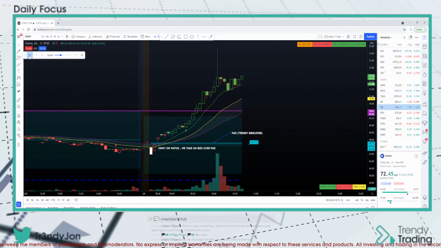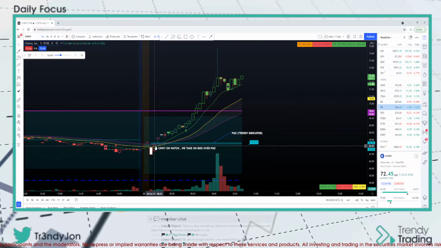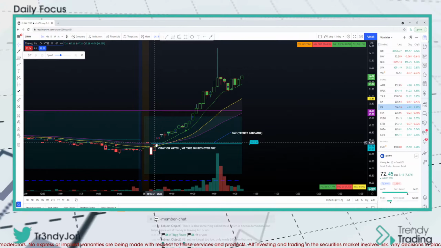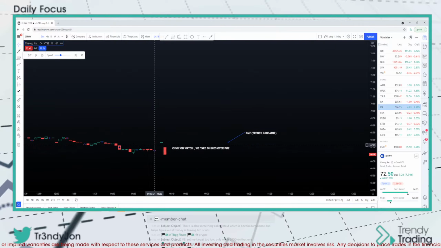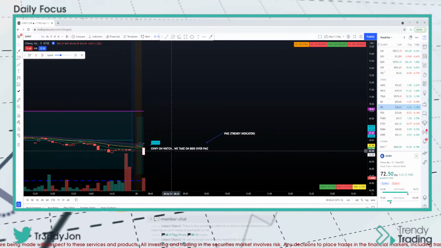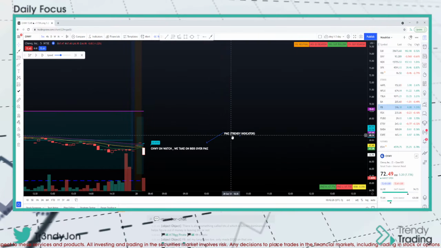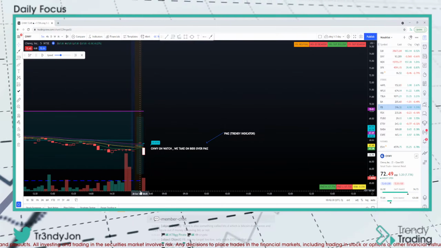All right, and then we're going to place these about right in here. Just like that. We're going to scroll this over. And notice it says CHWY on watch. We take on bids over the pre-market zone. And the PMZ is going to come up, and you'll see that. All right, let's go ahead and hit play.